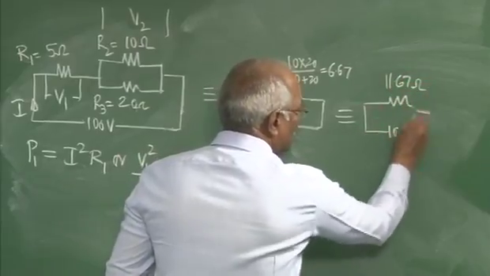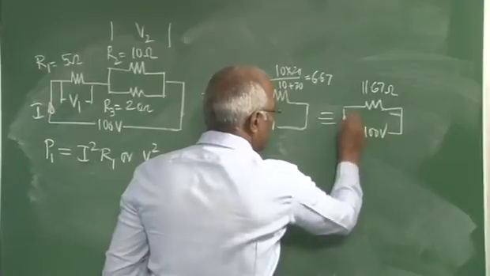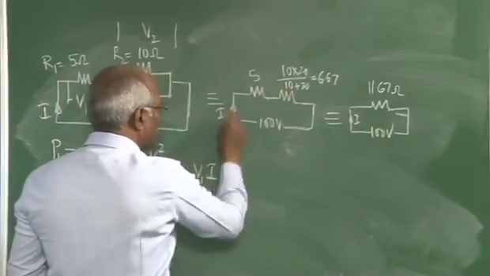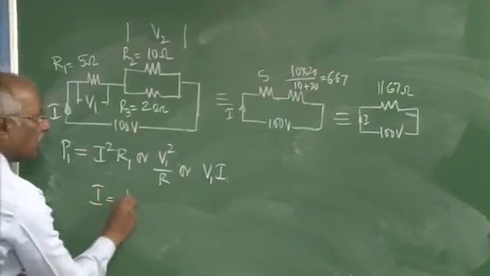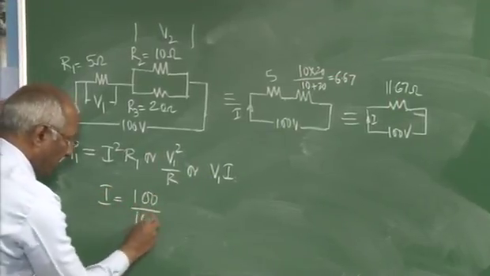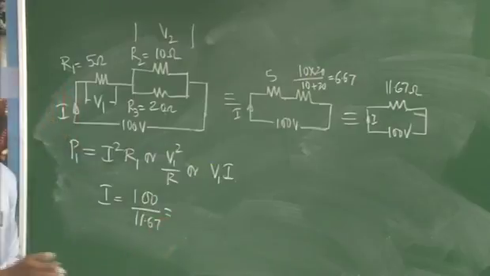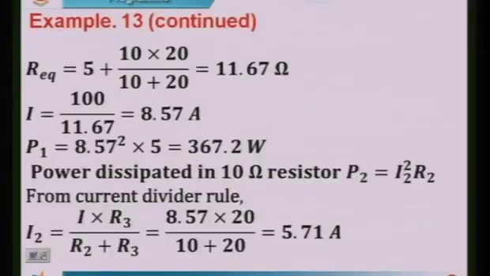This is 100 volts. So this is I. This is also I. Therefore, I is equal to 100 divided by 11.67, which will give a current of 8.57 amperes.